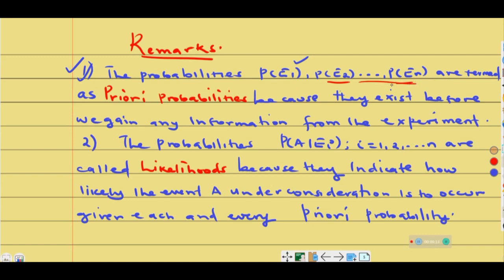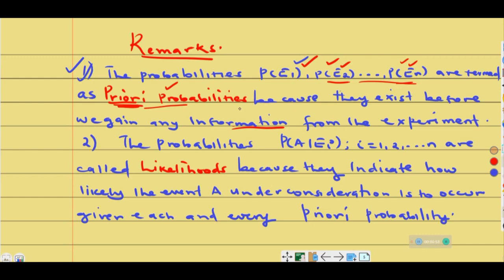These probabilities will be termed a priori probabilities because they exist before we gain any information from the experiment. You recall that we had these probabilities before the experiment, and after the experiment we were able to obtain some other probabilities. So the probabilities of the events before we gain any information from the experiment are what we shall be calling the a priori probabilities.